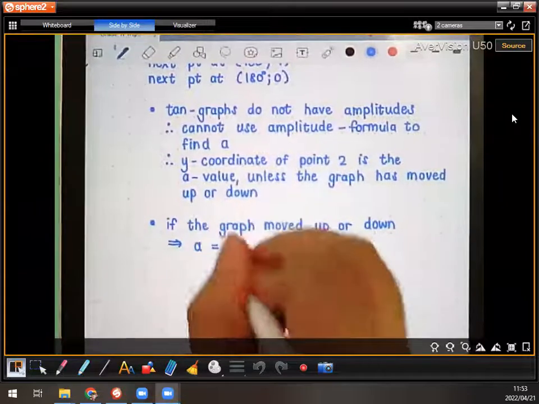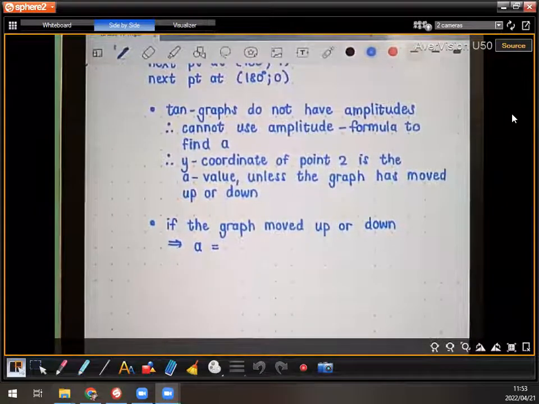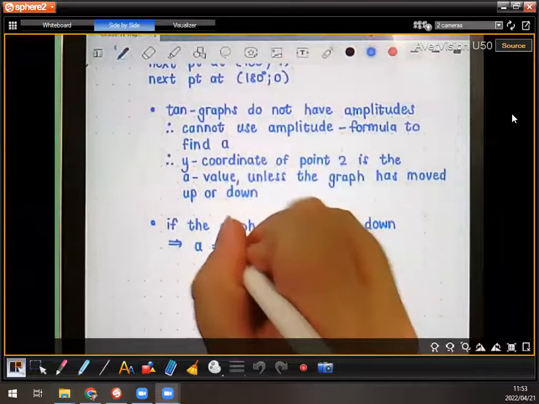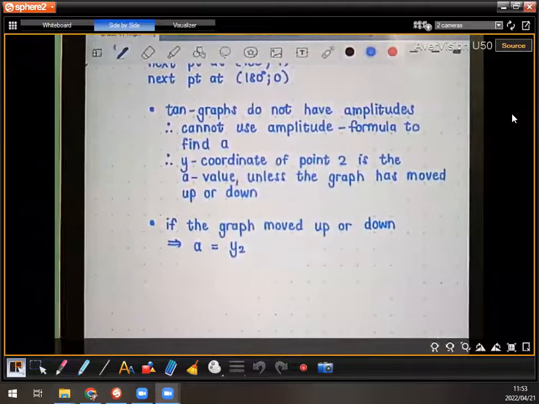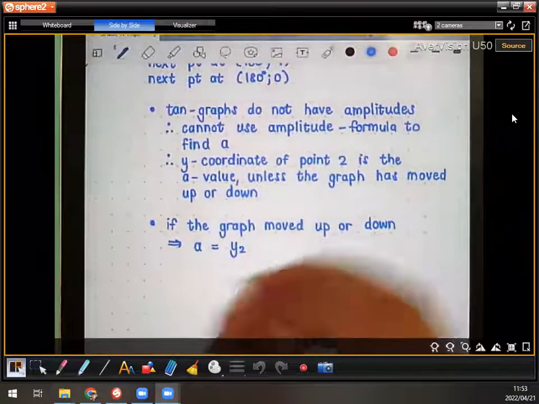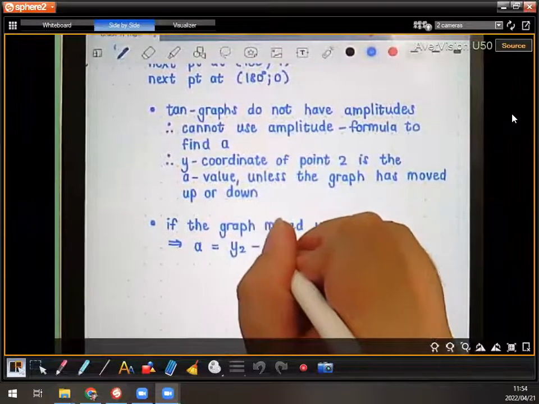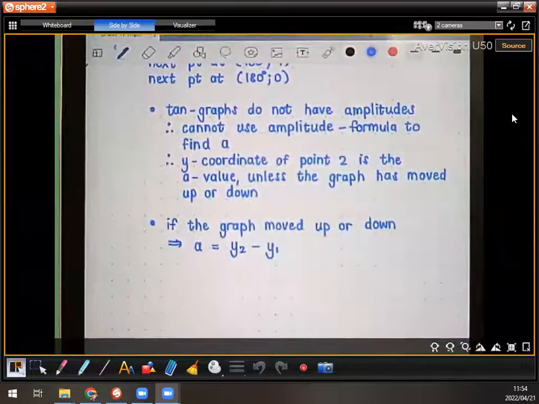A is equal to y of point 2, the y value of point 2, minus the y value of point 1. So that is basically the distance between the two lines.